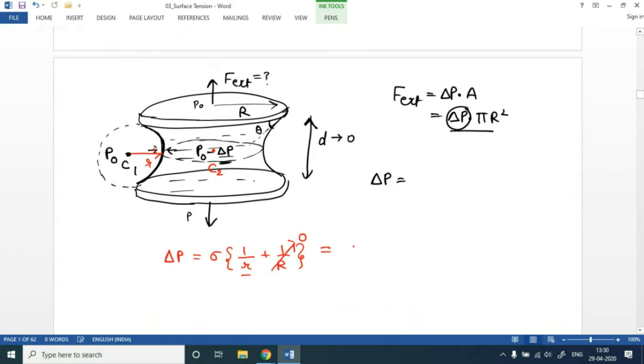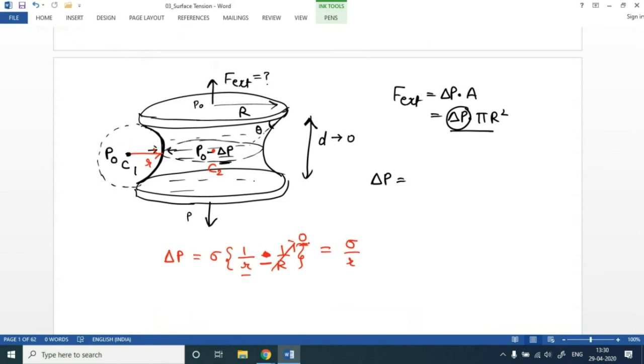So this is simply sigma by r. In fact, here it would be a minus sign because the centers of curvature are in opposite directions, but it does not matter because that term has become 0. So this is basically sigma by r.